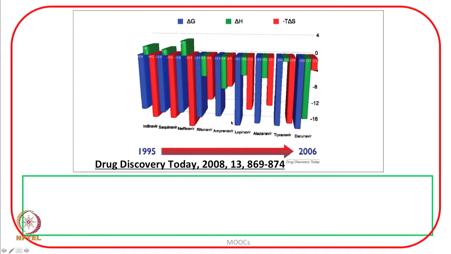Now, let us take a look at some more trends. Let us take a look at this data very carefully. This data corresponds to the binding affinity of the HIV protease inhibitors and the associated changes in standard free energy, standard enthalpy and standard entropy.